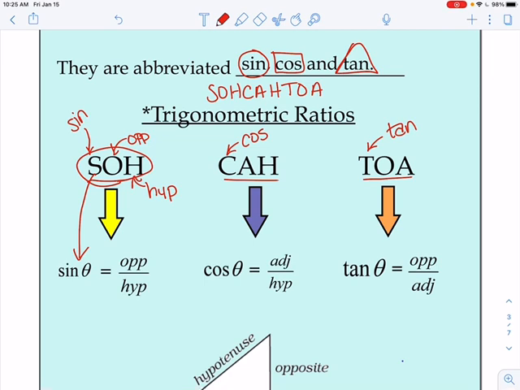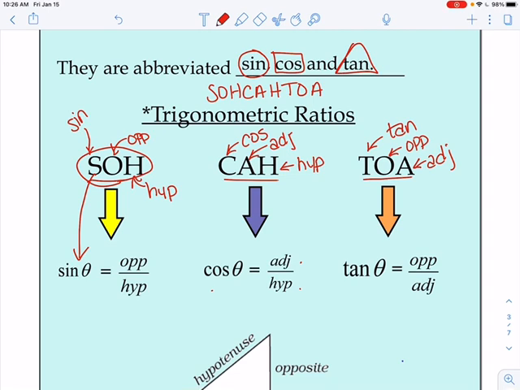The cosine of an angle, the A stands for adjacent, and the H stands for hypotenuse. So the cosine of an angle is going to equal the side adjacent divided by the hypotenuse. And tangent, the O is opposite, the A is adjacent. So the tangent of an angle equals the side opposite over the side adjacent.